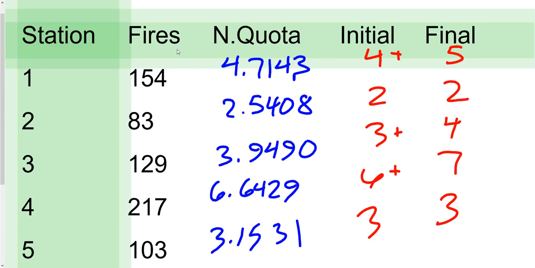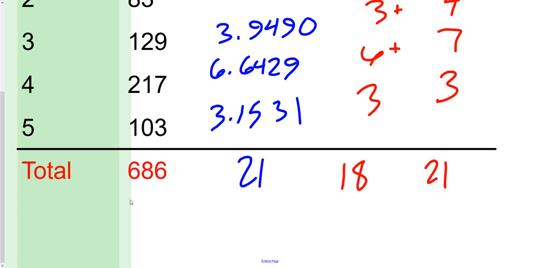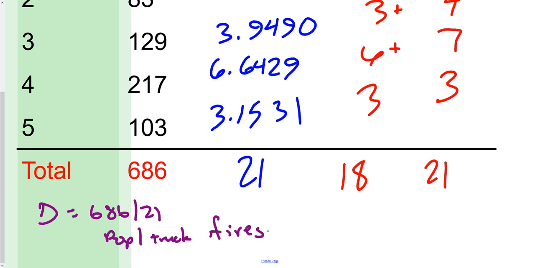That's what you're going to divide this by. So the divisor is equal to 686 divided by 21, and that's going to be population per truck. Or in this case, more appropriately, fires per truck. In other words, how many fires does it take to earn a fire truck?